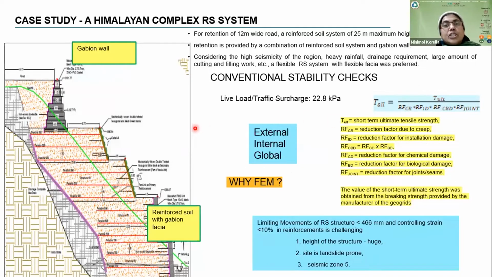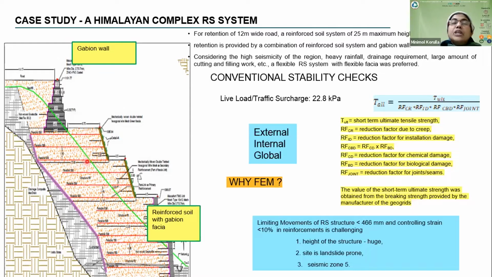So a structure which I want to present, this is a structure which is in the Himalayan state, Uttarakhand. The same structure I presented at IGC Bangalore, where the instrumentation was my focus.